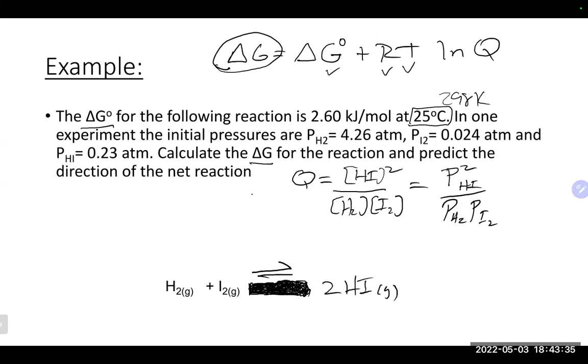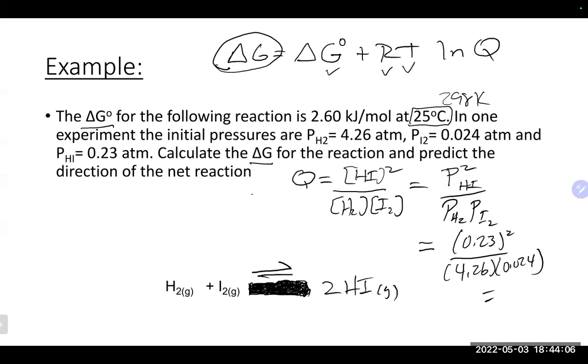So we put our numbers in, and here our HI is 0.23. Again, we want to make sure we square it, divided by our H2, which is 4.26, and 0.024 for our last one. So 0.23 squared, divided by 4.26, divided by 0.024.